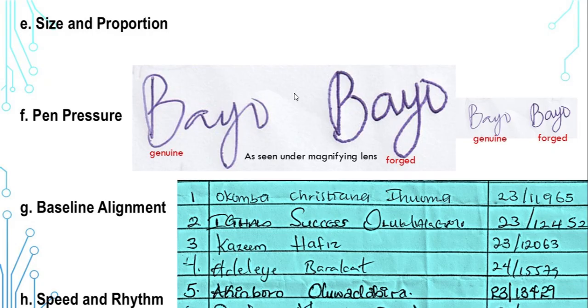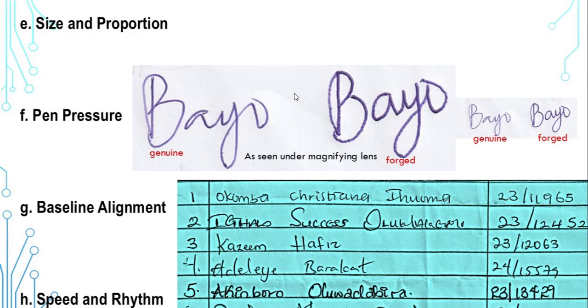In fact, if you give them different papers of different sizes and ask them to write the same word on those papers, as long as the papers are big enough to contain the word Bayo, the size will be the same in all of them. It is only on occasion, when the space on the paper is too small to contain the whole word, that the size will be reduced.